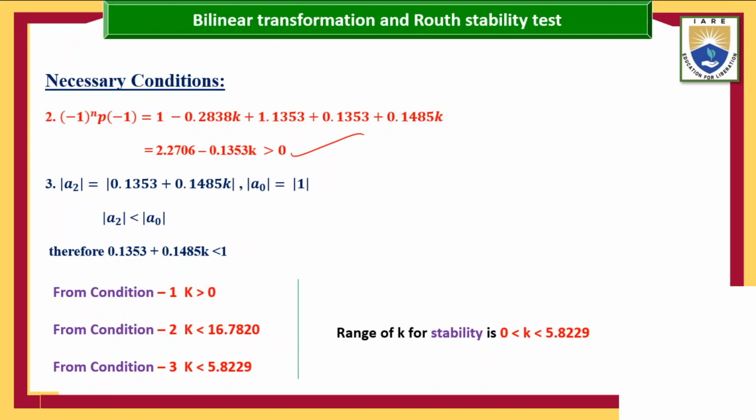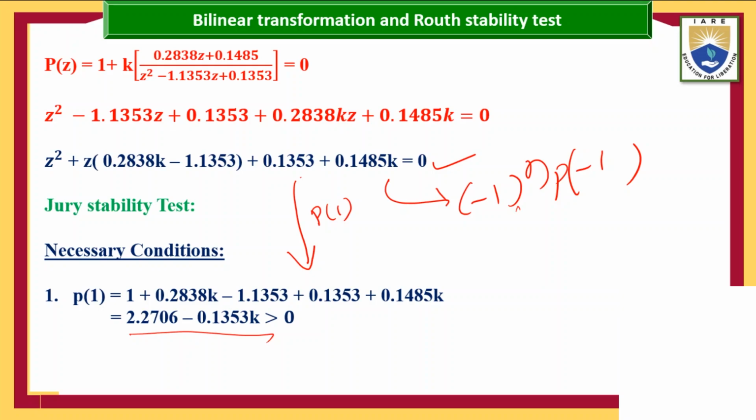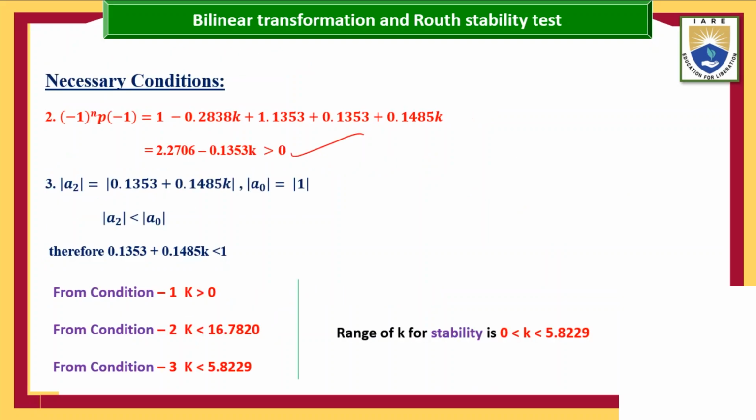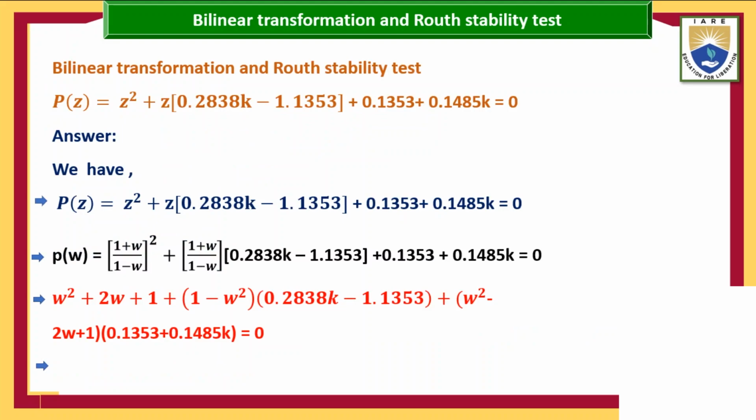Now go for the last necessary condition. What is the highest power of Z? That is a second order system. What is the lowest order of Z? Z to the power 0, that is 0.1485. A2 is 0.1353 plus 0.1485.